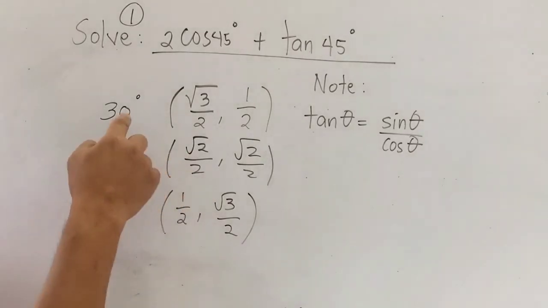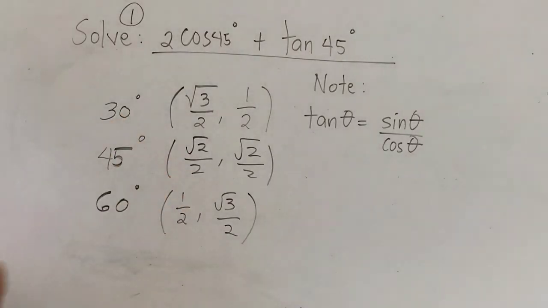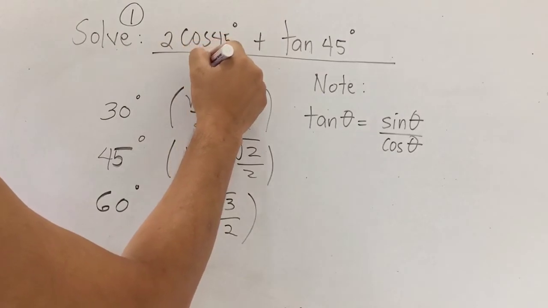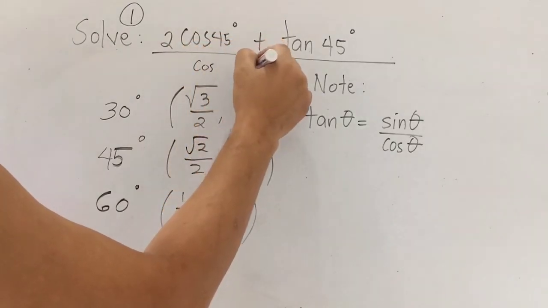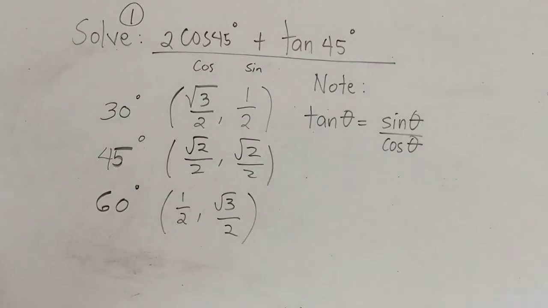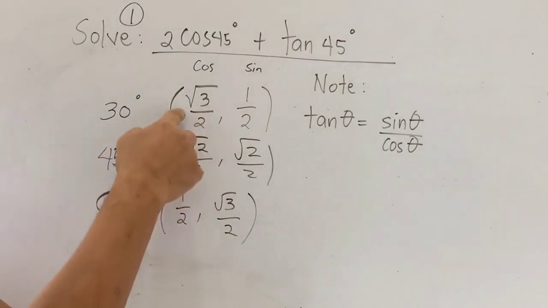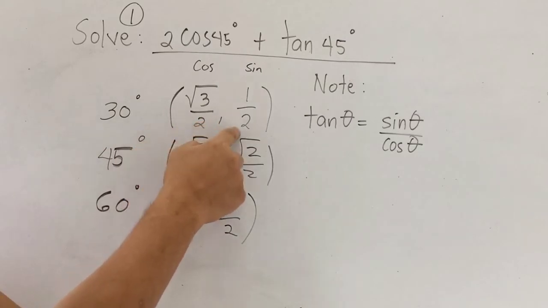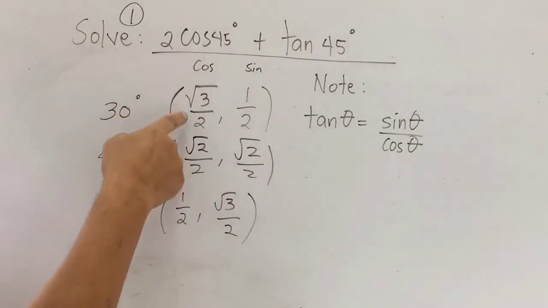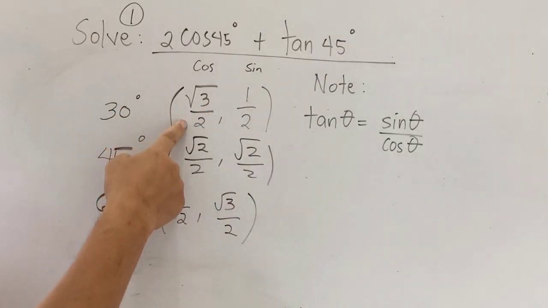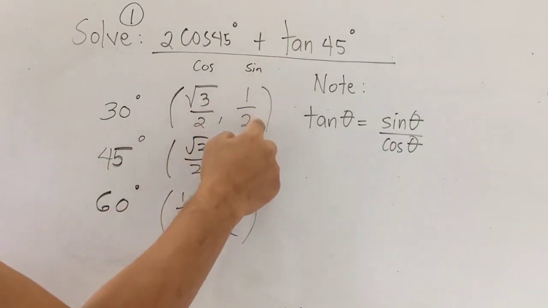Isa-isahin natin sa ating 30 degrees. Again, this is our first element, cosine. Second element, sine. 30 degrees, ang ating coordinates ay square root of 3 over 2 and 1/2. Ang ating value ng cosine ay square root of 3 over 2, while the value of our sine is 1/2.